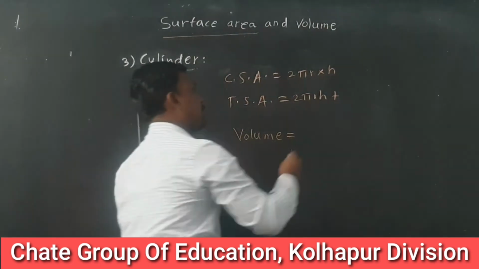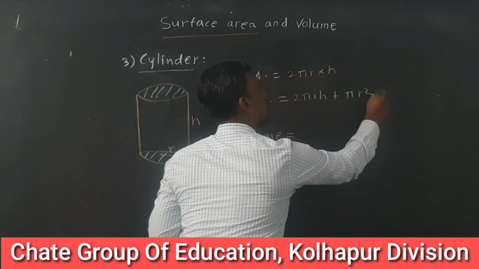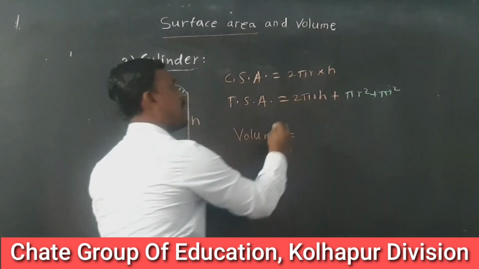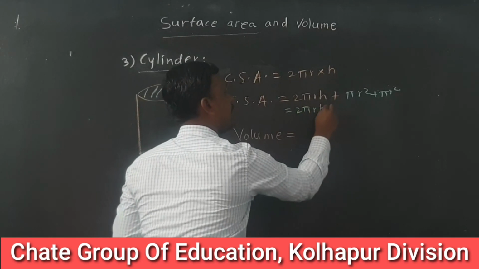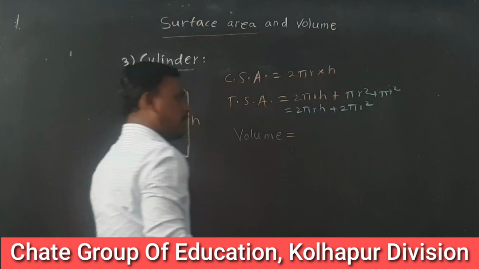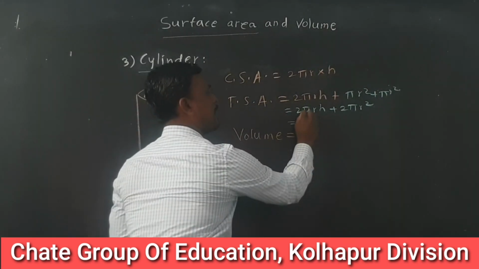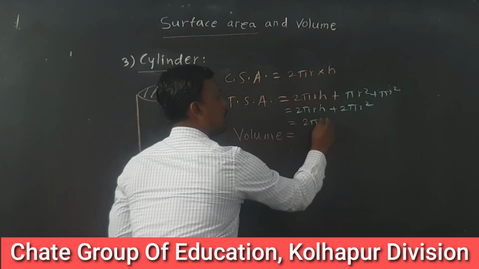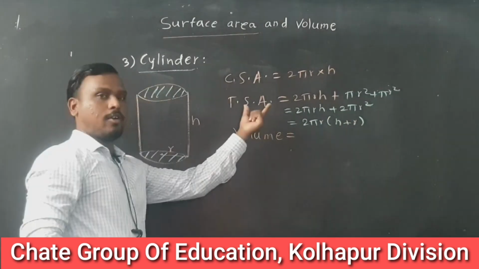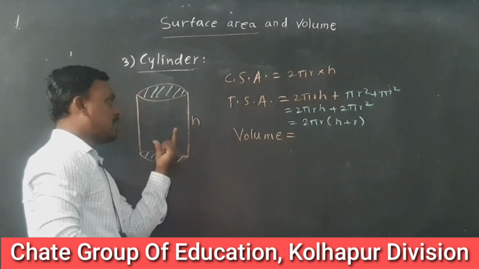So add here pi r square, but 2 times, because the top surface and bottom surface are there. So we will write here 2 pi r h plus 2 pi r square. Now take the common terms. If I take 2 pi r common, in the bracket h plus r will be there. So this is the final formula of the total surface area of the cylinder.